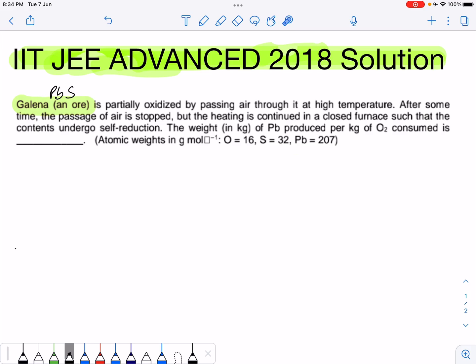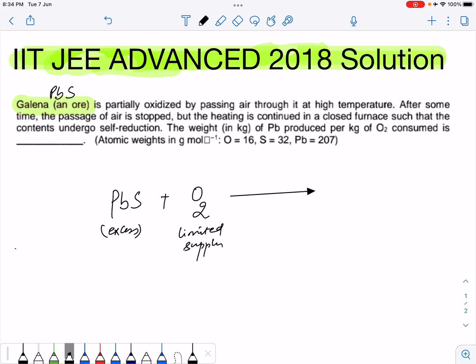In this self reduction technique, let's say we have galena, that is a sulfide ore. We can have any other sulfide ore. This galena is taken in excess, and it reacts with oxygen, which is passed in limited supply.